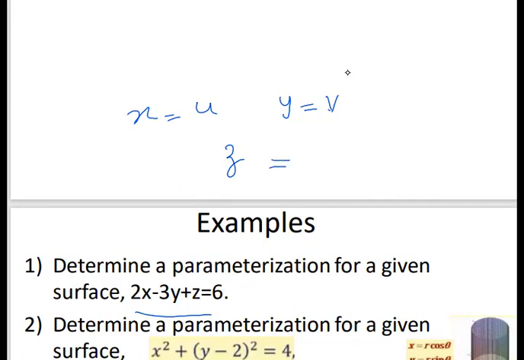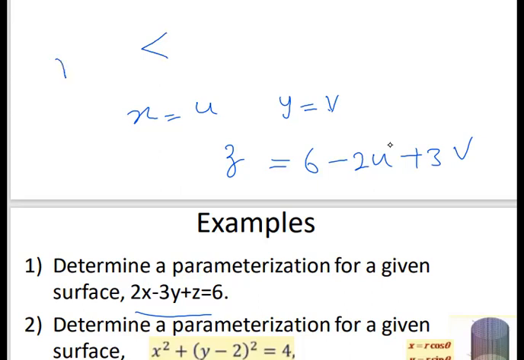I put this term to the other side, then negative 2x equals this. Therefore 6 minus 2u plus 3v. So you parameterize the surface.